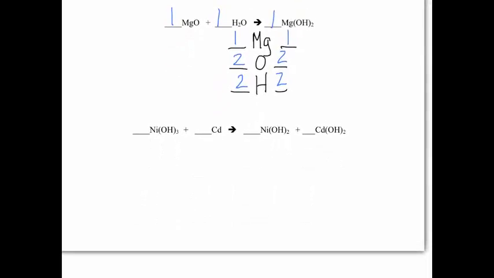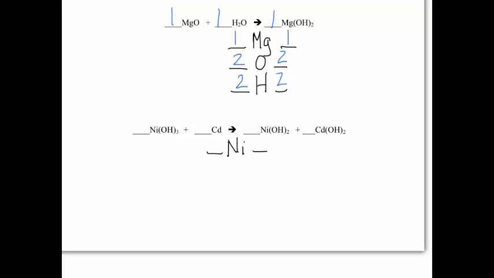All right, one more. Now this one I like because I can show you how you can deal with some polyatomic ions. So I'm going to start listing these. If you didn't do it this way and you're checking your answers now, don't worry if you didn't list them the same way that I did. I can actually see I have OH on this side, and on the other side I have OHs as well, and it doesn't look as though the O or the H have been split up.